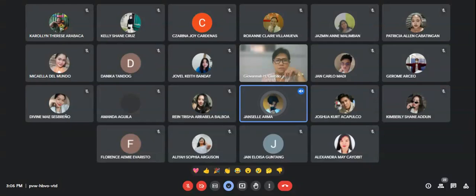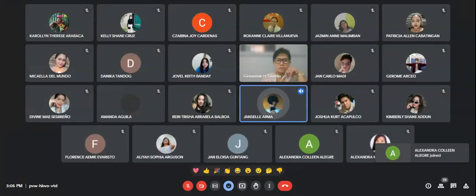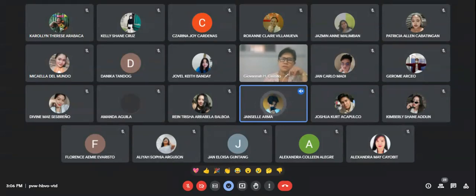Tapos yung sa ating belt, yung sa storm, kasi po because of yung sa Pacific rin po yung ating location po. Kaya mas prone po yung ating changes sa ating weather po. Yan po, ma'am.